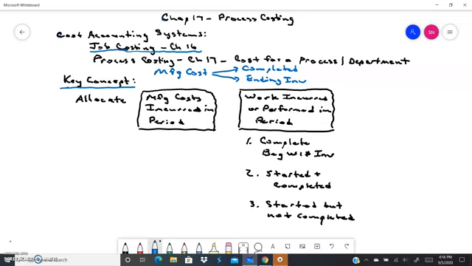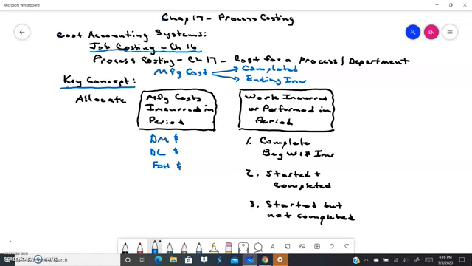What we really want to do is take the manufacturing costs that are incurred in the period, and we know what those are. We know the direct material costs, we know the direct labor costs, and we know the factory overhead costs.